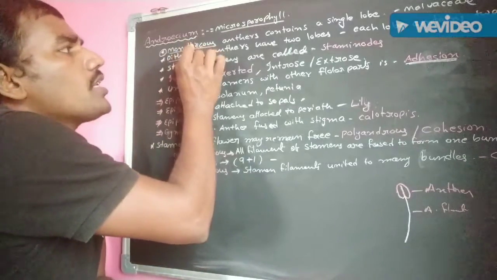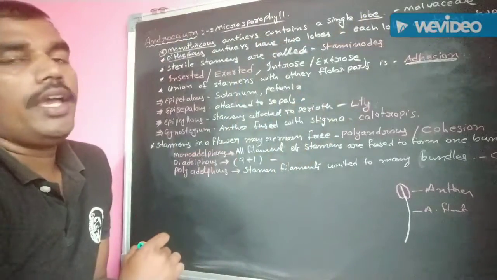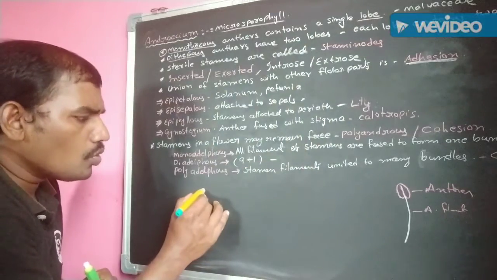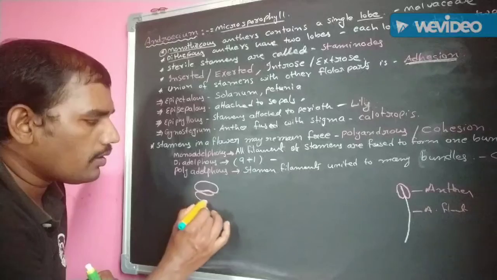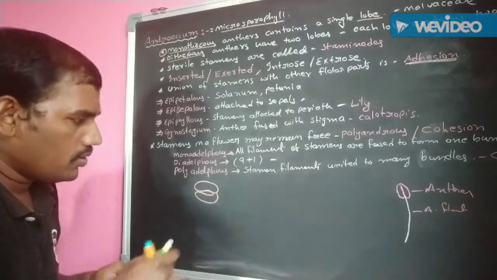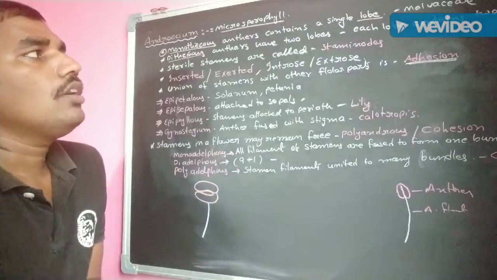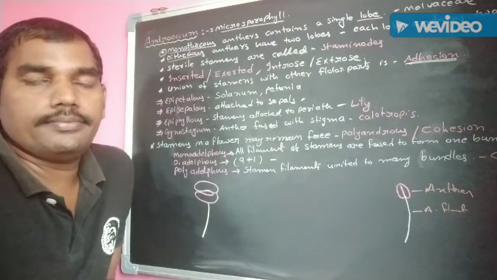Monothecous anthers contain a single loop, which means the anther shows only a single loop-like structure. This type of anther is known as monothecous anther.